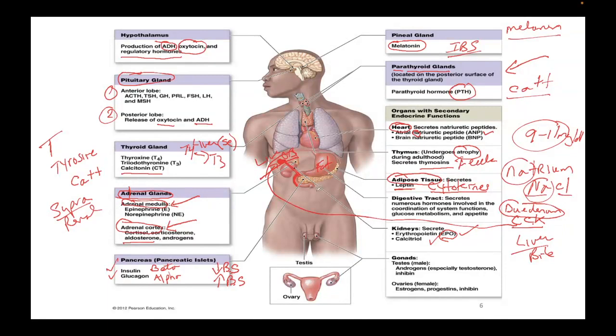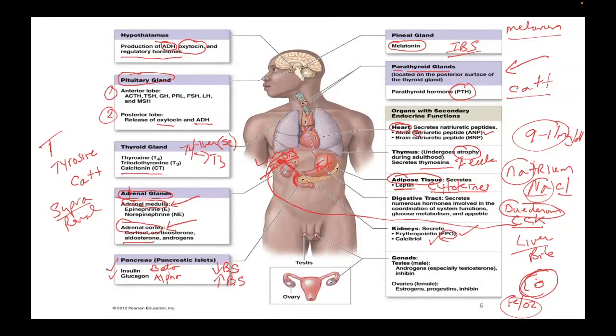As blood is going through, the kidneys have sensors that can evaluate what the oxygen levels are like, because a red blood cell has iron, has hemoglobin, and we know that iron and oxygen bind to each other.